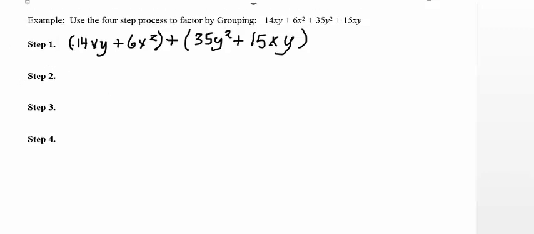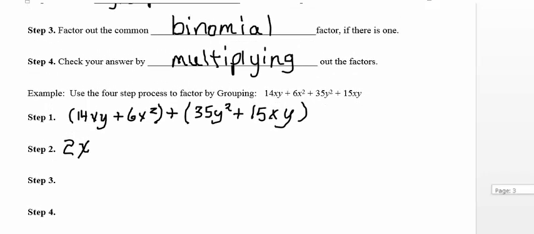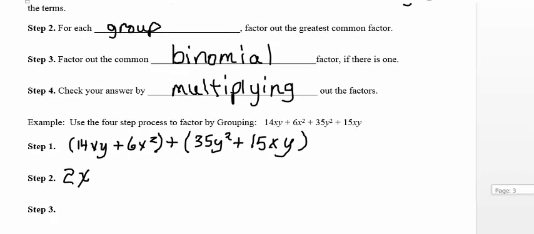So I see that the greatest common factor of 14 and 6 is 2. Both terms contain an x. The lowest power that appears on x is 1. So that's the power of x in the GCF. So the GCF of these first two terms is 2x. So for each group, factor out the greatest common factor.